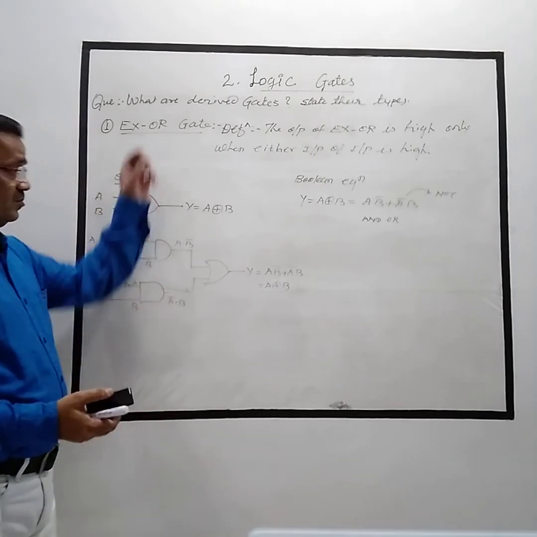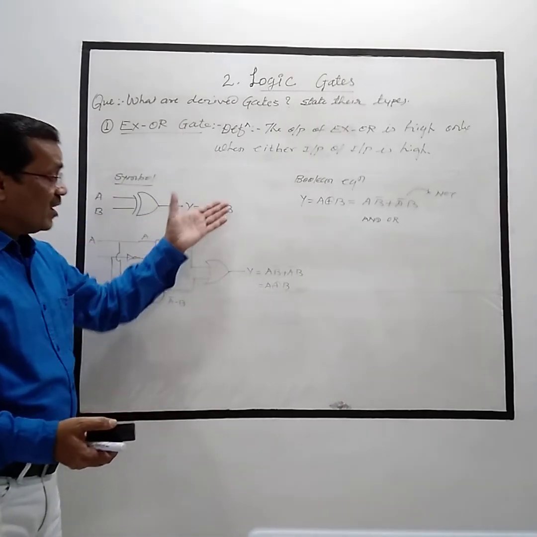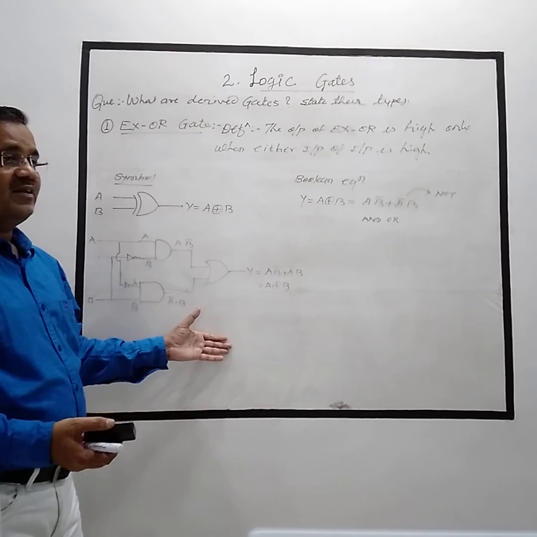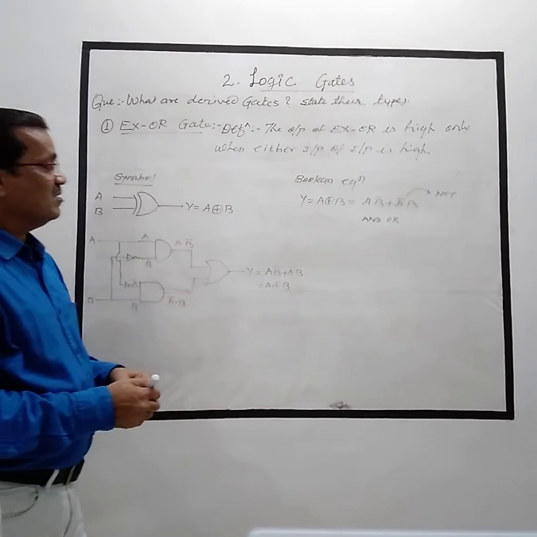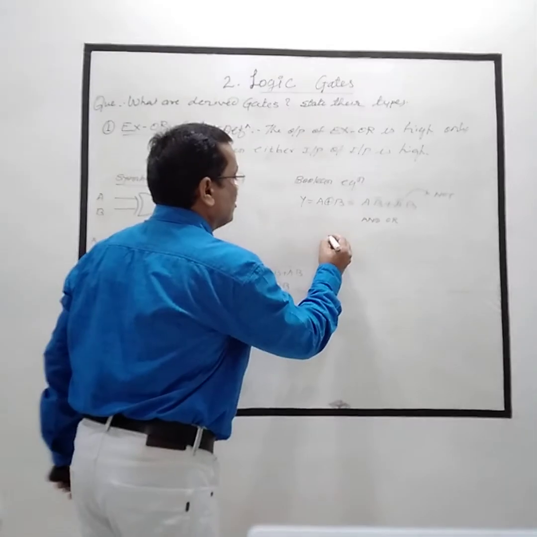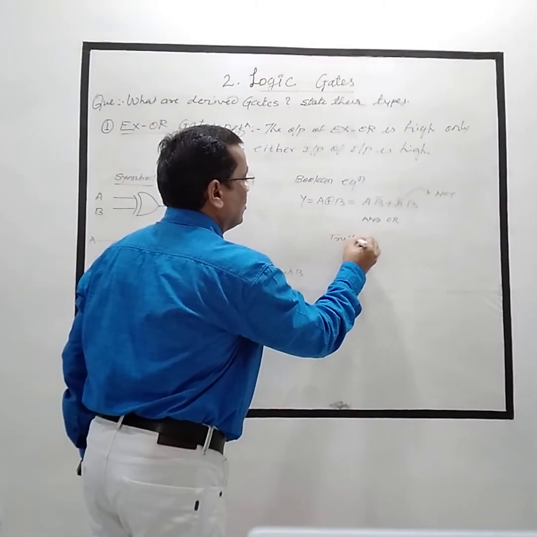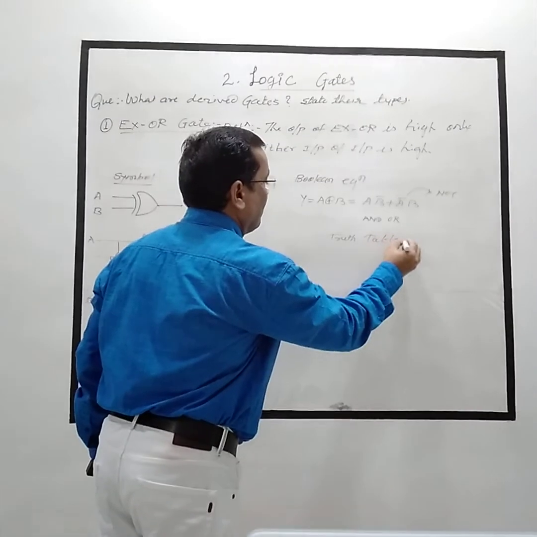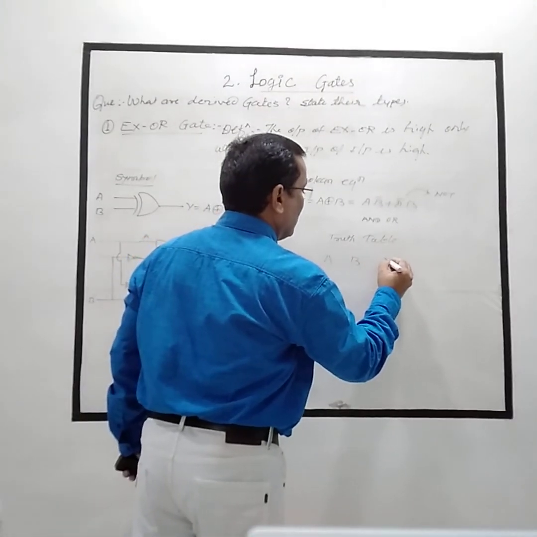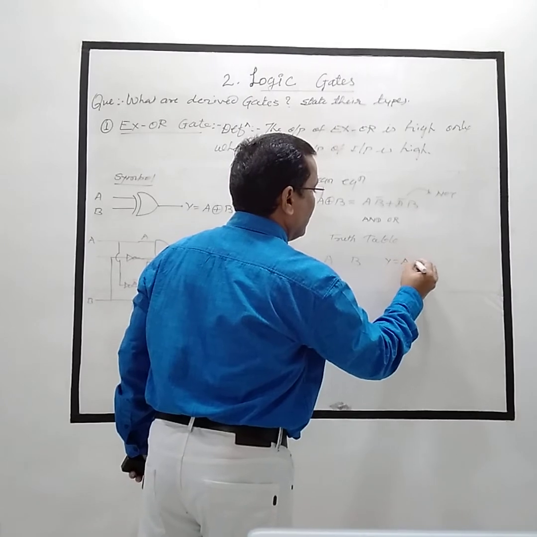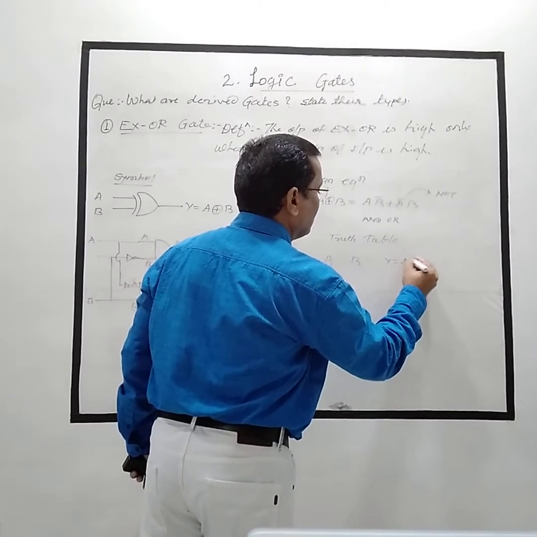Now, the working of this XOR gate can be explained by using a truth table. The truth table has A, B, Y is equal to A XOR with B.